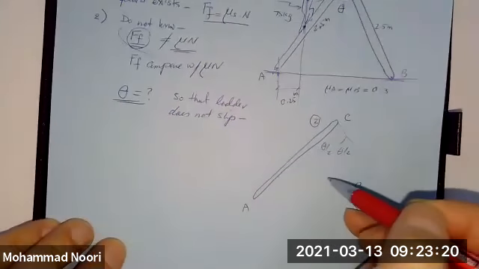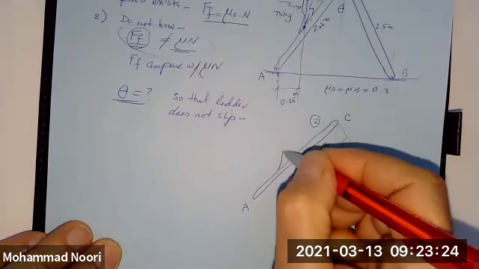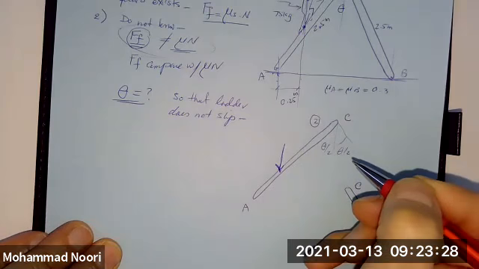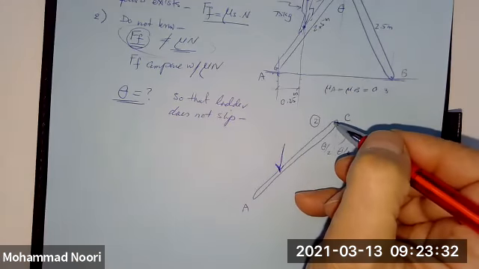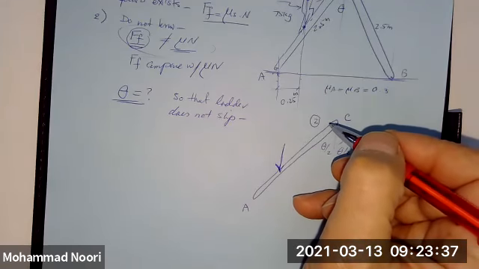Say the guy is standing here. So I just show the weight of the guy. The ladder is assumed to be weightless.